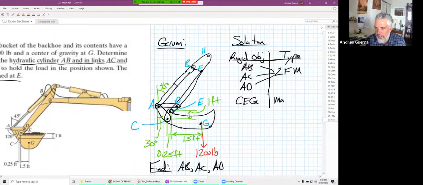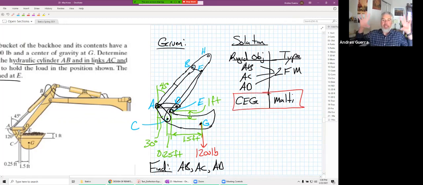That's a multi-force rigid object. And in fact, it's the only one with a known force, isn't it? That 1,200 pounds is like, hey, pick me, I'm your FBD, because we have a known. This is the only one that has a known force.